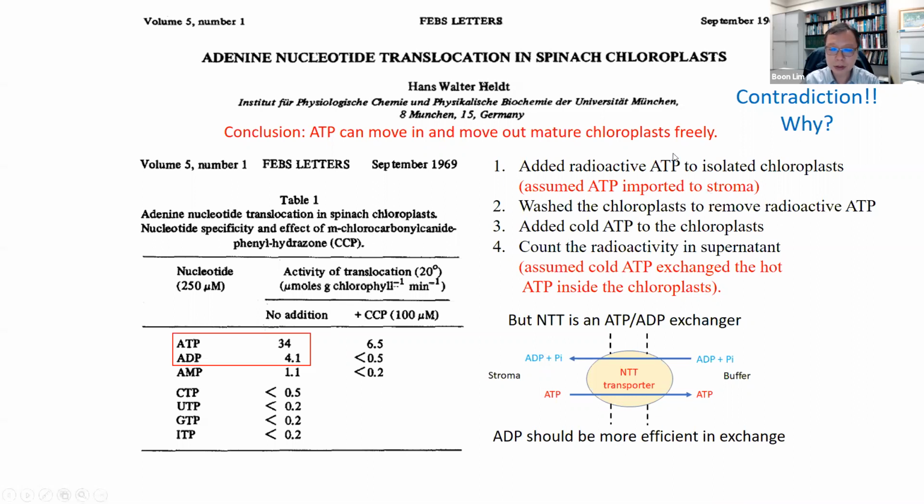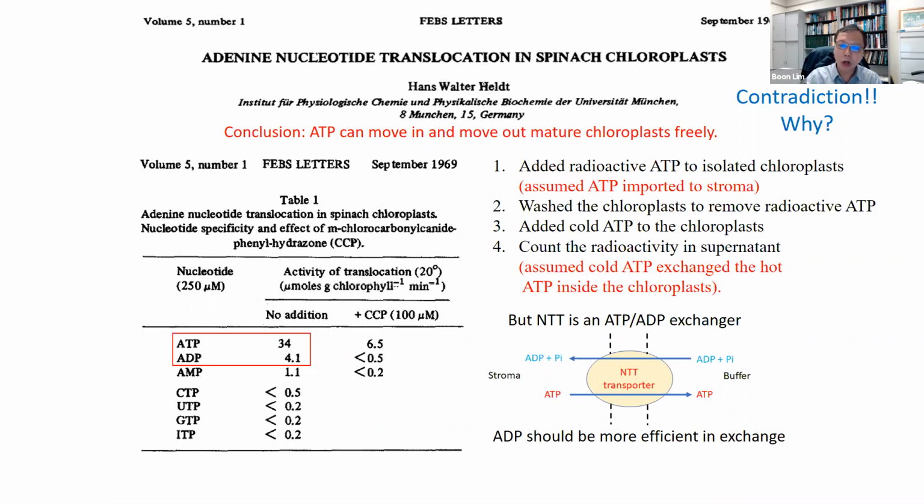In the experiment, these scientists isolate mature spinach chloroplast from spinach bought in the market. After he isolates the mature chloroplast, he adds some radioactive ATP, and he assumed that the radioactive ATP has been imported into the stroma.